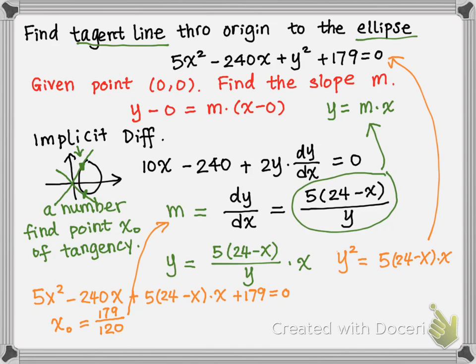So the slope m is going to be plus or minus the square root of 13,505 divided by the square root of 179.